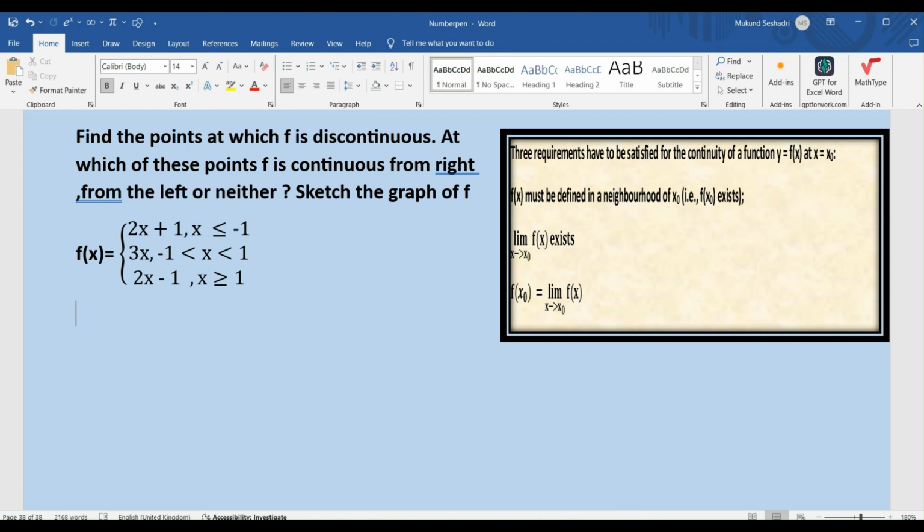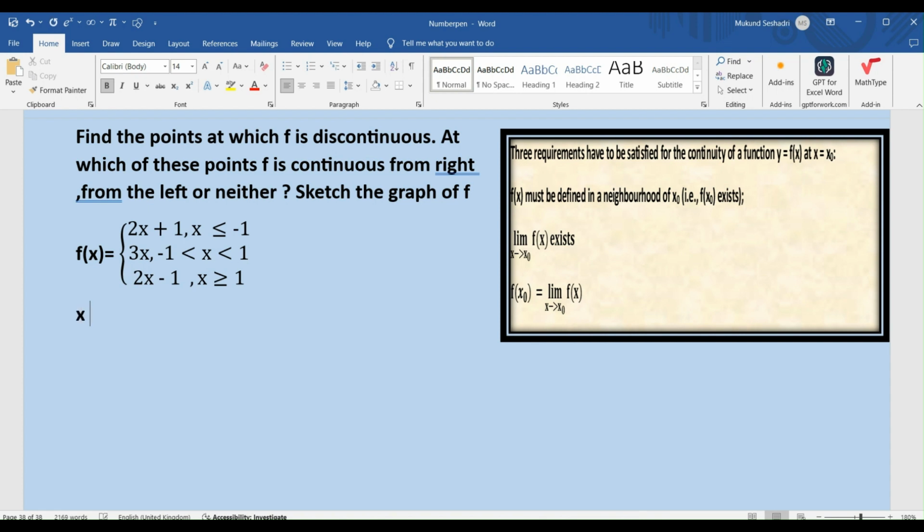So, like we have solved in our previous problems, we will have to examine the continuity in different intervals. So we will split solving the problem into parts. And what is our part one? Our part one is when f of x takes 2x plus 1 in the interval minus infinity to minus 1.